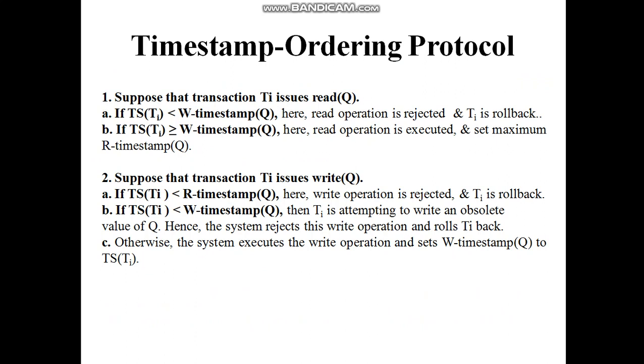Second condition is, if the timestamp of Ti is less than the write timestamp of data item Q, then Ti is attempting to write an obsolete value of Q. So here also the system rejects the write operation and Ti is rolled back. Otherwise the system executes the write operation and sets the write timestamp of data item Q to the timestamp of Ti.